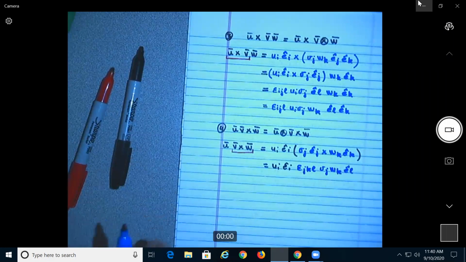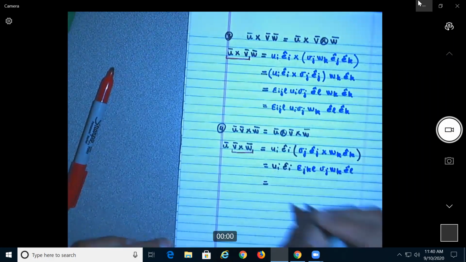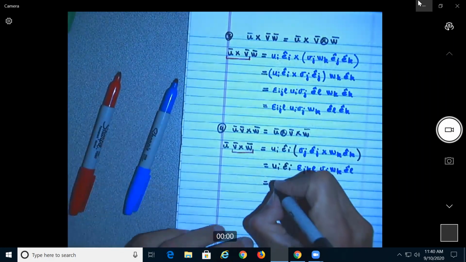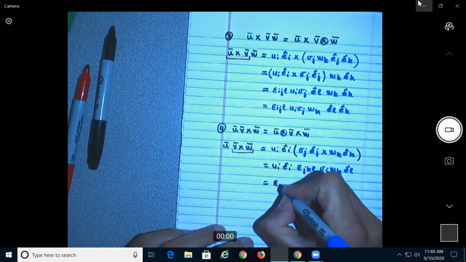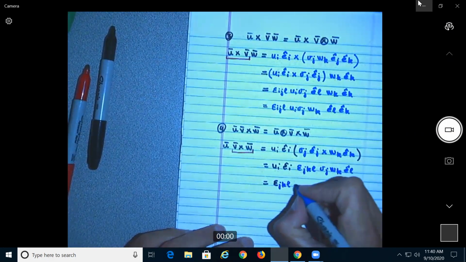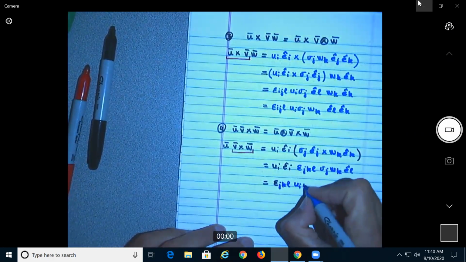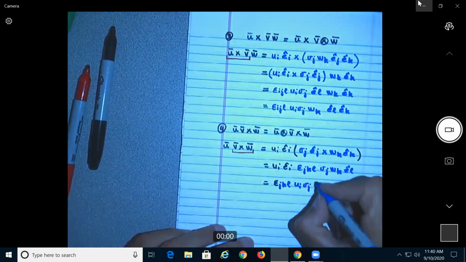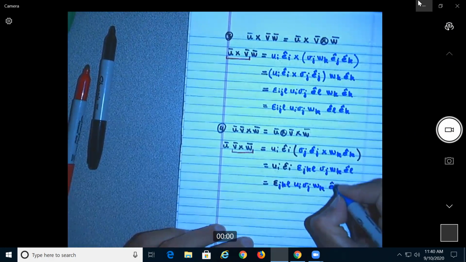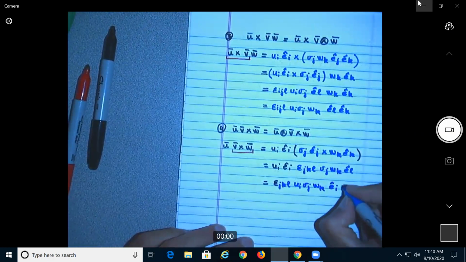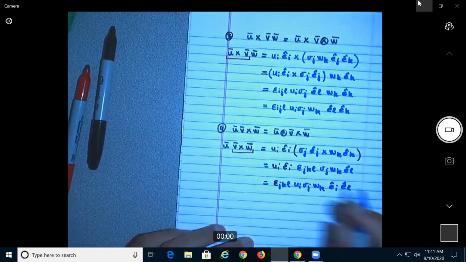So at the end, what we have will just be epsilon J, K, L, U of I, V of j, W of k, EI, EL.